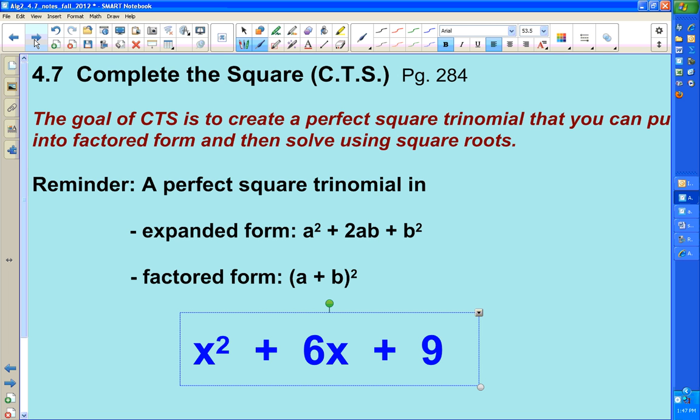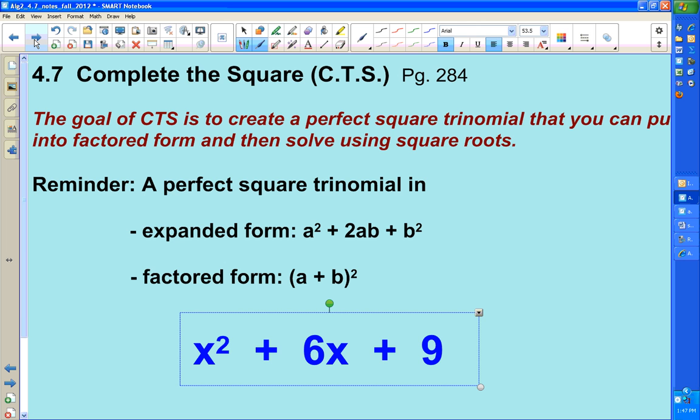Today's lesson really is about completing the square. And completing the square is a step-by-step process. So what you want is to be able to turn a trinomial that is not a perfect square trinomial into a perfect square trinomial. Okay?